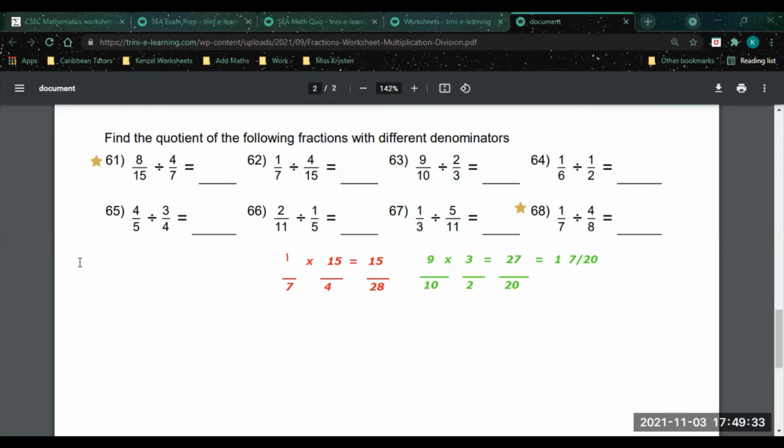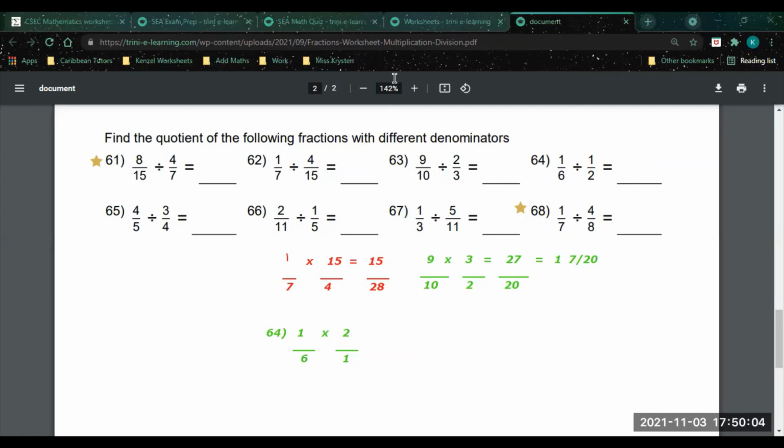Number 64. Number 64 is 1 over 6 multiplied by 2 over 1 in this case. Well, you can't reduce 1 any further, so you can't reduce there.